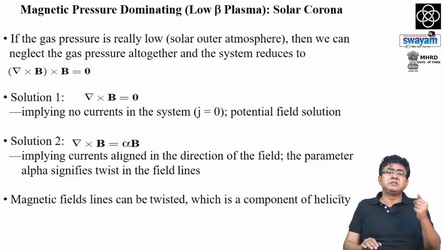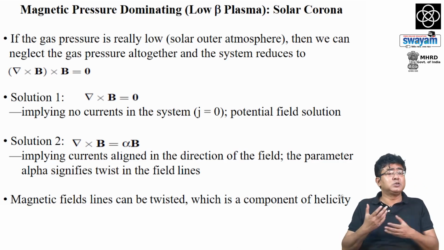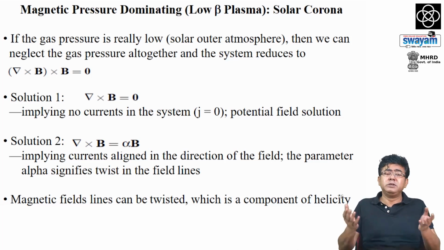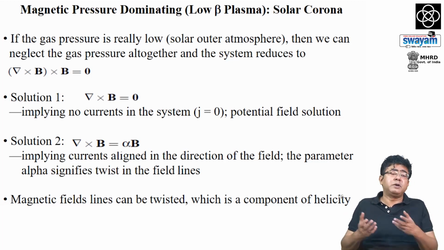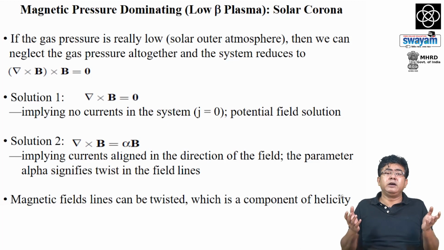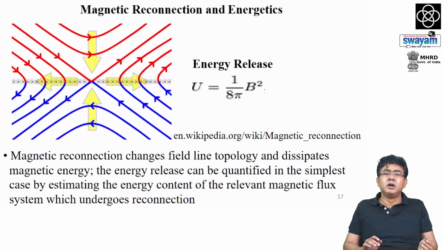So, the minimum energy state that is possible in the outer atmosphere is the potential field, curl of B is equal to 0. Any state that has more energy than the potential field can potentially relax to the potential field configuration and thereby release energy to either heat the solar outer atmosphere through some dissipative process or perhaps even power instabilities and energetic events which result in solar storms.